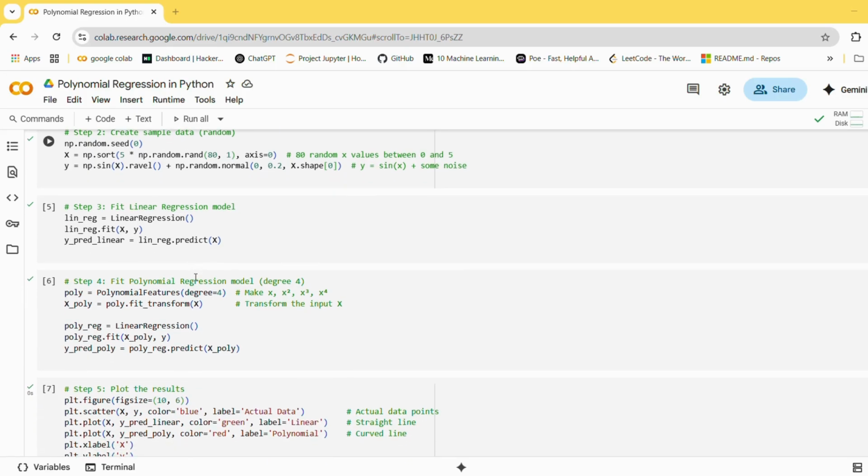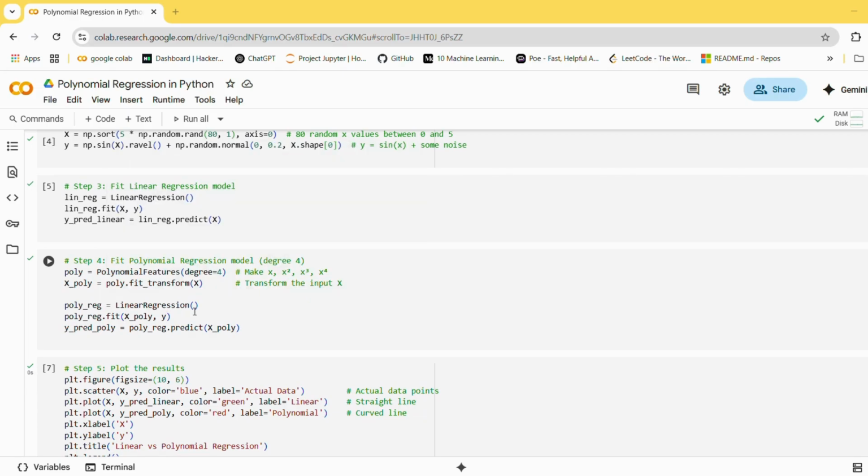And coming to step 4, here we create new features like x square, x cube, x power 4, because we want a curve, not a line, and we then use linear regression again, but now on the new curved features.